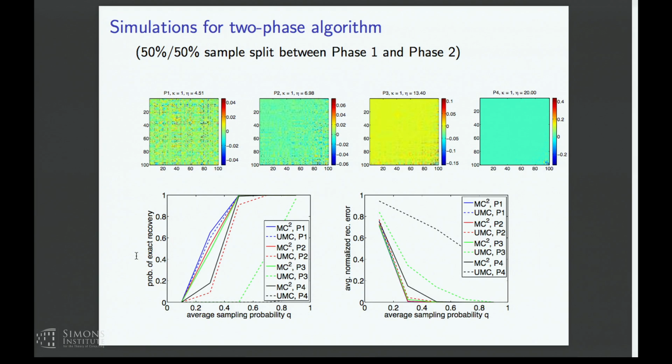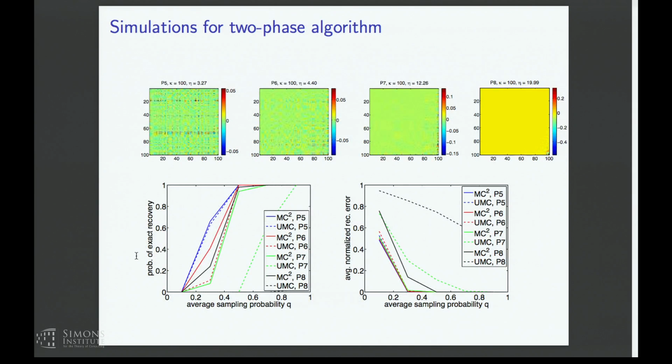And then this is just the average sampling probability over here. So here, the condition number is 1 in all of these, but we tried, again, with the same types of matrices, except now condition number 100, and surprisingly found that the results were the same as when the condition number was 1.